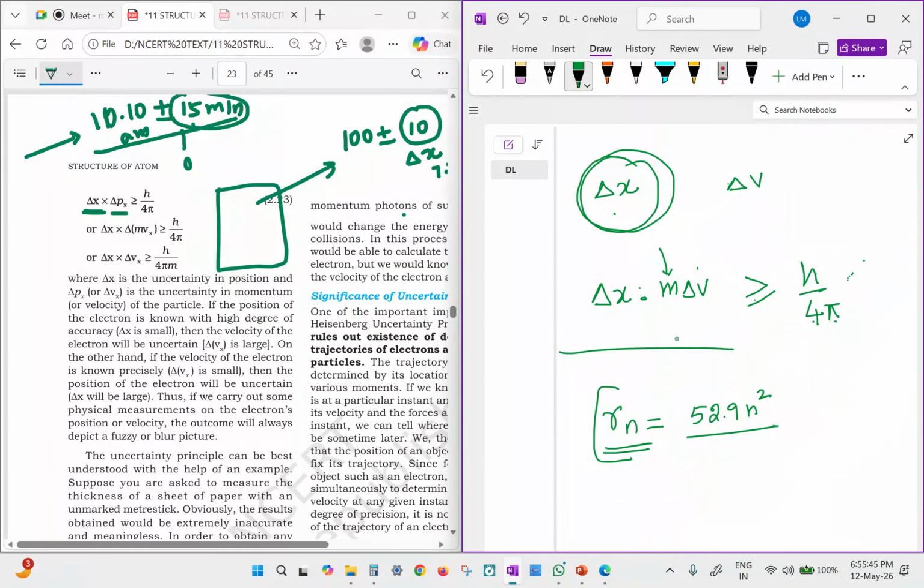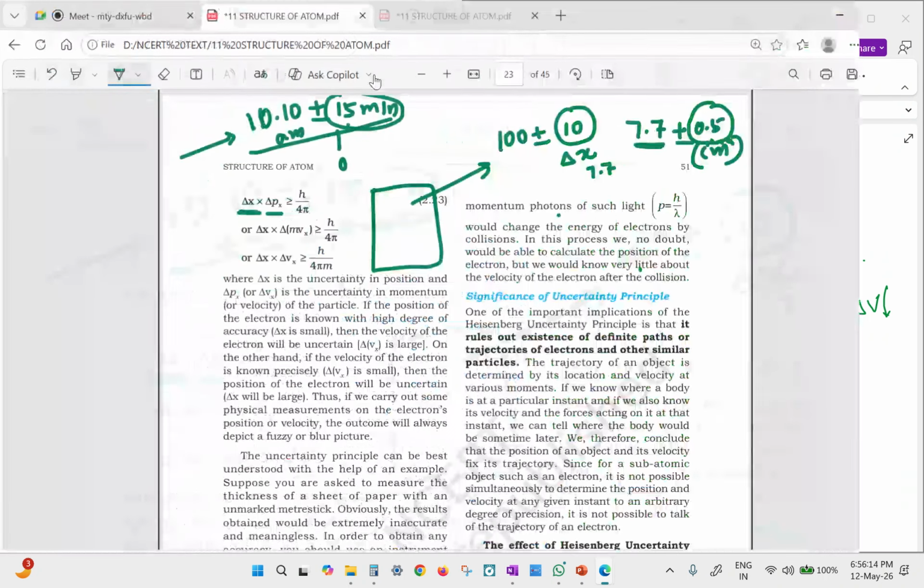So if you have found out del v with certainty, that means the uncertainty reduces, plus or minus 3, let us say. If this is so small, then del x, depending upon del v, will become large. If del v is small, del x is large. So this was the point at which Bohr's model failed. Are we clear?